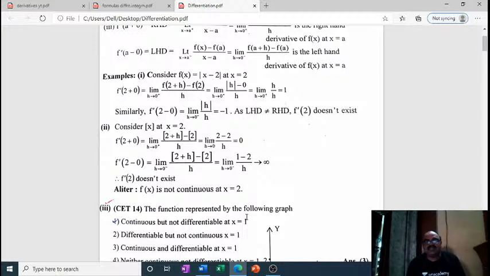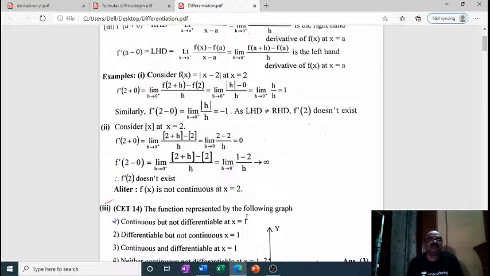One more, friends, consider x at x equal to 2. F dash of 2 plus 0 is limit h tends to 0 of 2 plus h minus 2 by h. The answer is limit h tends to 0 of 2 minus 2 by h, which is 0.